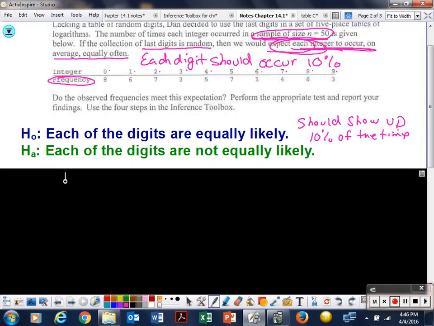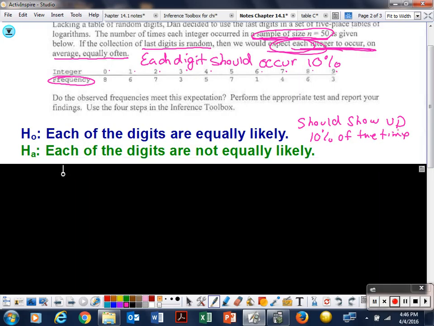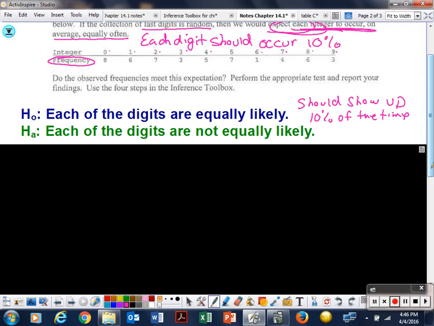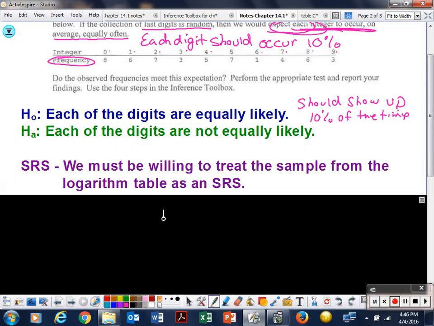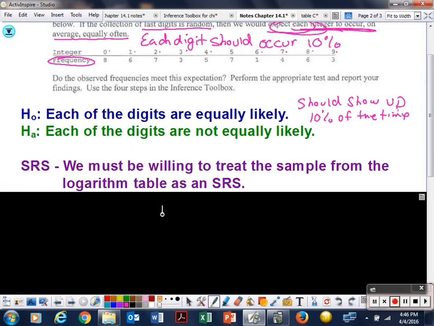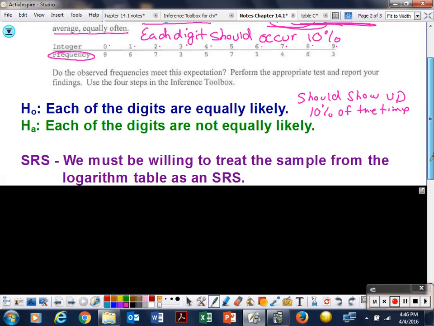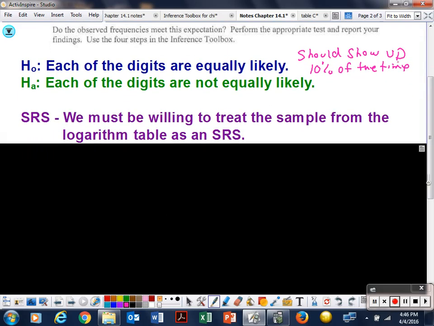The alternative: each of the digits is not equally likely. Again, SRS: we must be willing to treat the sample from the logarithm table as a simple random sample. We're just going to say that we're willing to treat it as a simple random sample and move on. Do not write proceed with caution.